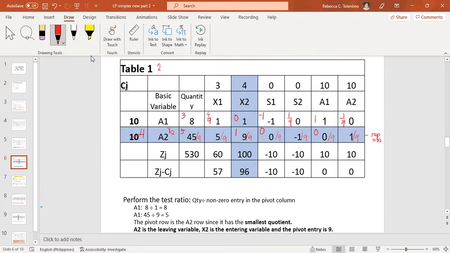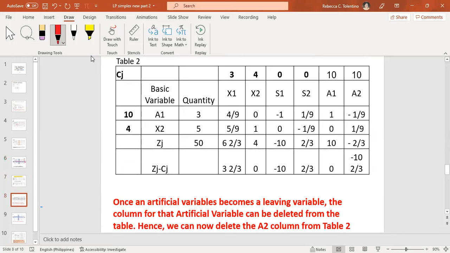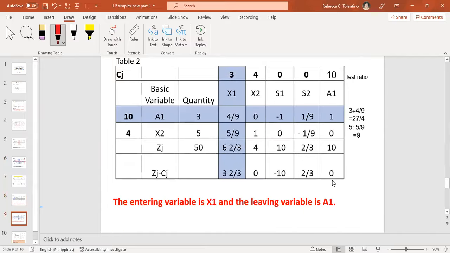And also, since A2 becomes a leading variable, we can actually remove the A2 column in table 2. This is how it looks. Initially, meron tayong ito lang yung mga naka-red na. But since A sub 2 became a leading variable, we can delete A sub 2 in table 2. This is our final table 2.